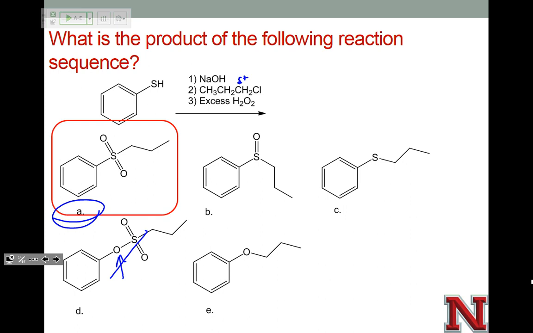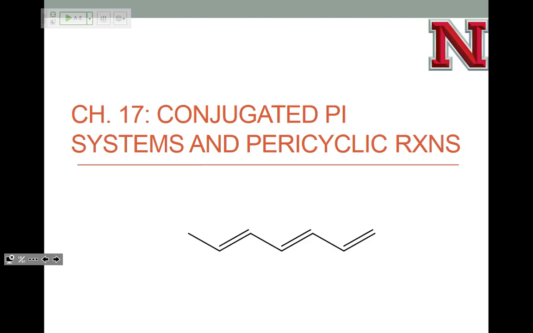That's not happening. And this is our intermediate before the oxidation. Of course that carbon is not a stereocenter, so where the SN2 reaction happens, there's no change in stereocenters. So that's all of chapter 14.